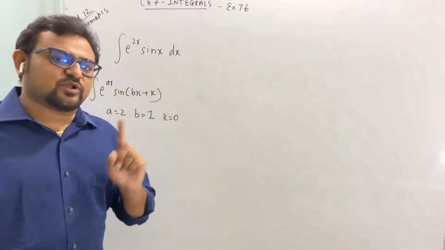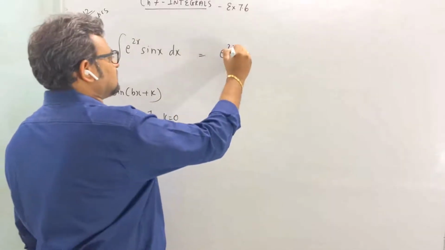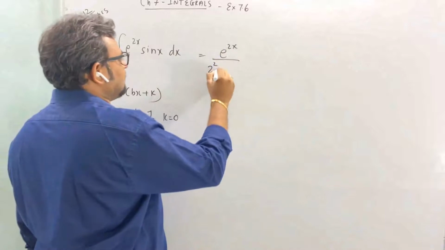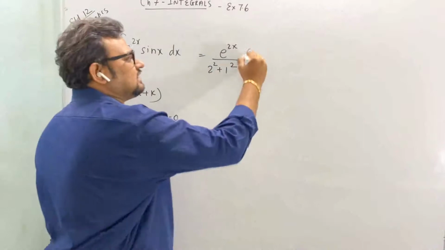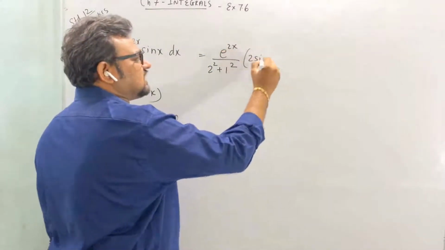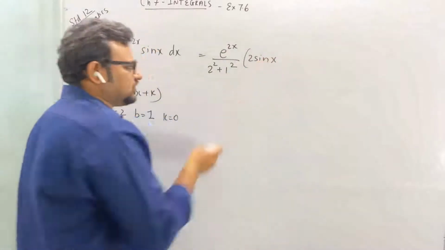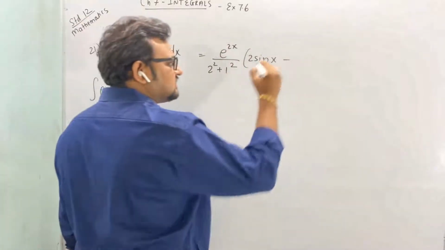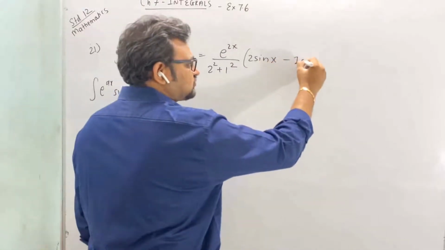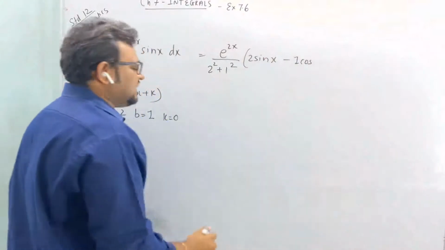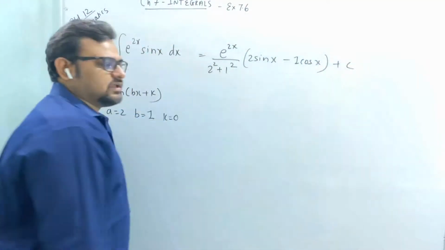e raised to ax upon a square plus b square, e raised to 2x upon a square plus b square, a sine bx plus k, that is 2 sine bx plus k. What is b? 1. So x, k is 0, minus b cos, sorry, not sine, cos again, bx plus k, plus c.